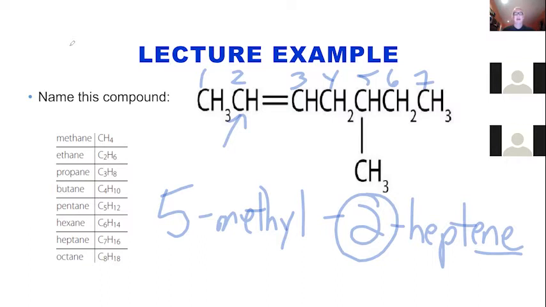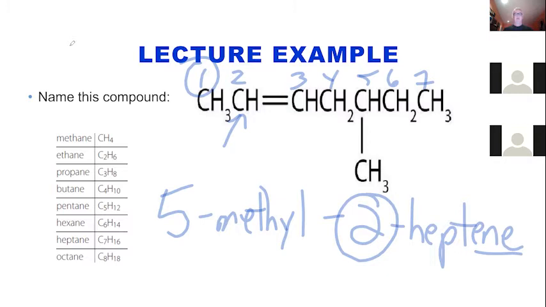So if it was 1-heptene, the double bond would start with this first carbon. Excellent. So you first list the substituents, whatever they are, and then the position. And then after that, you list whether it's a double or triple bond, and the location where the double or triple bond begins.